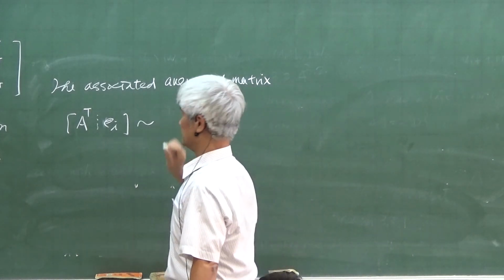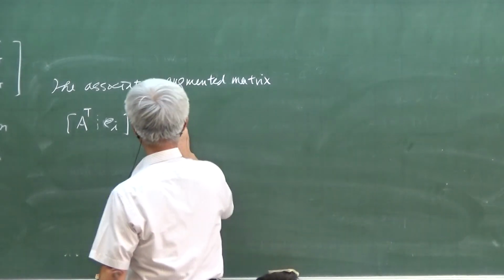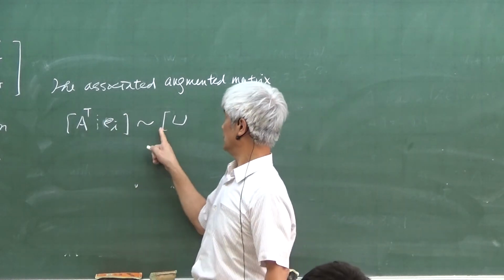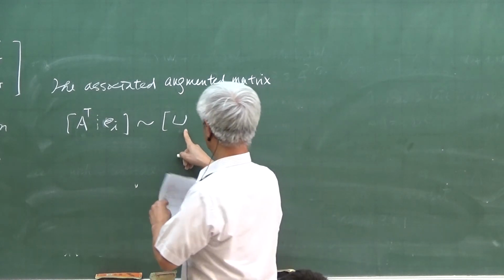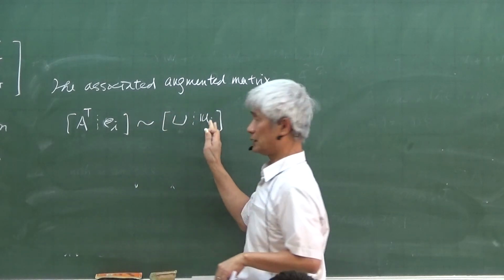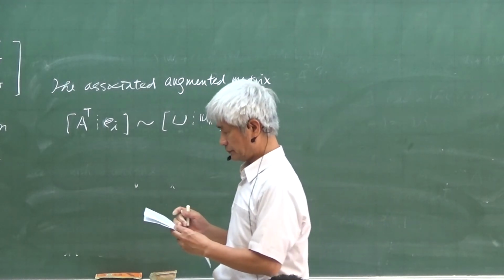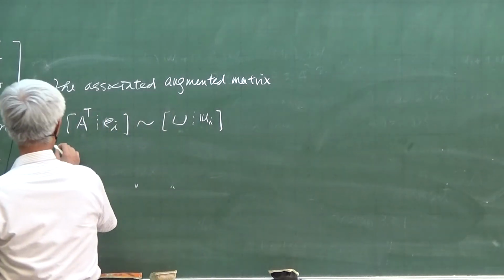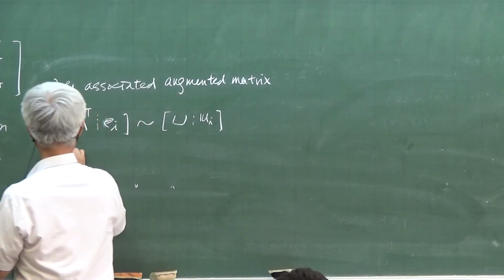And then by elementary row operations, we have the coefficient matrix A transpose taken into the reduced row echelon form U, and the last column becomes ui. And because each row has a pivot, the system is consistent.